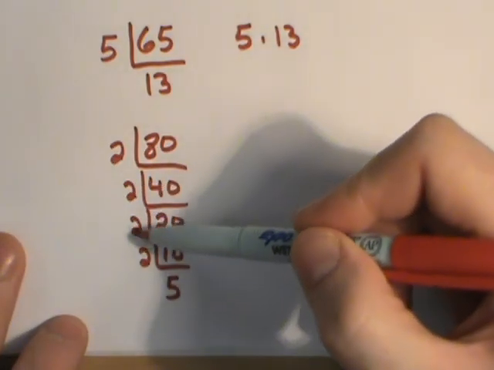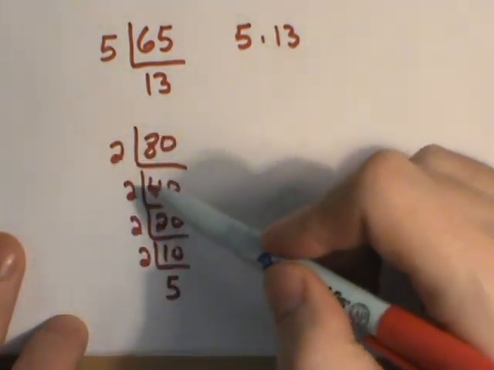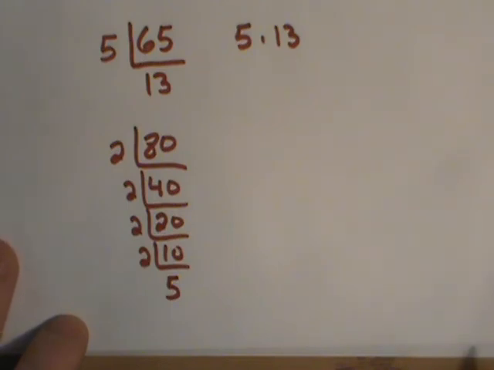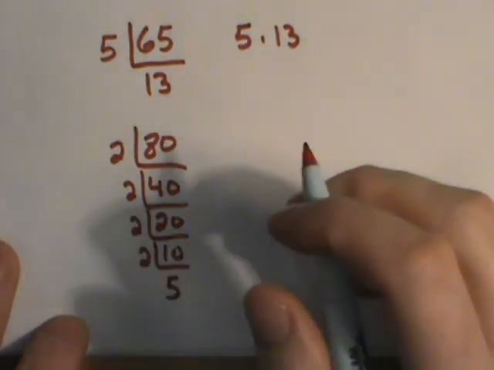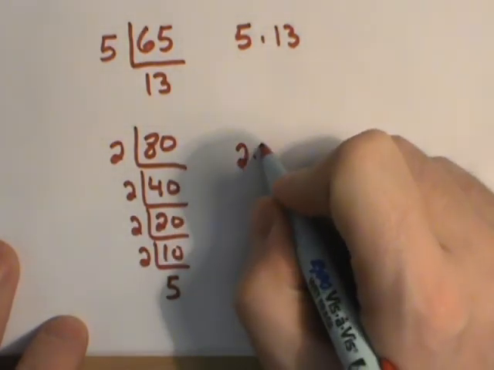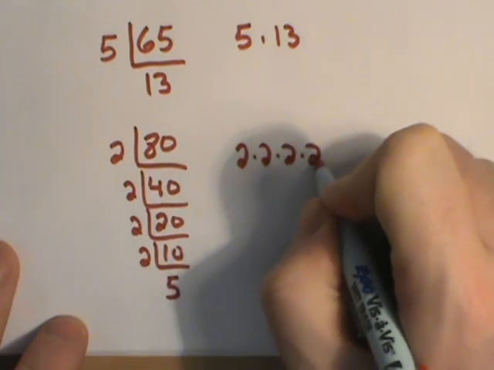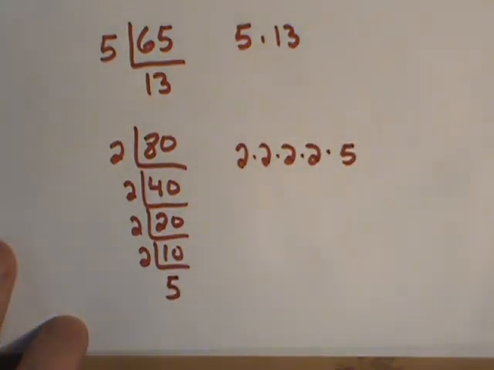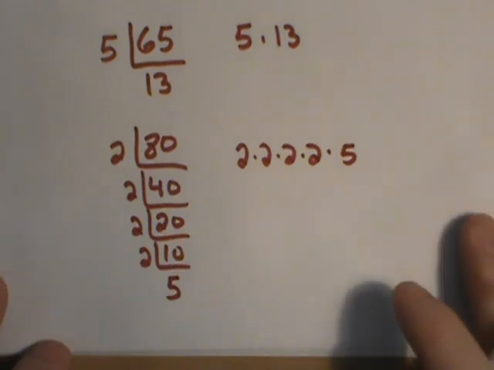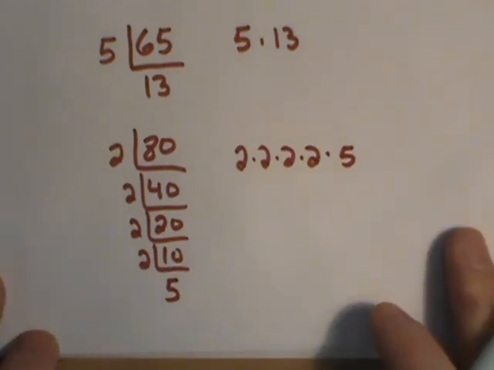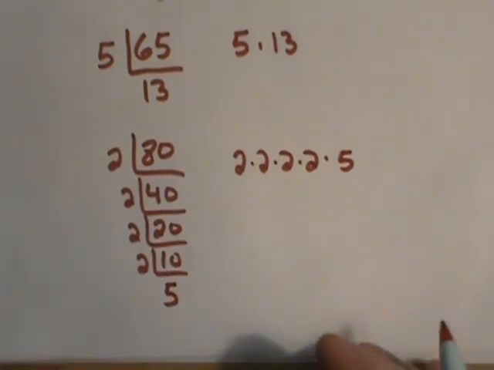All the numbers on the outside of these upside down division boxes are your prime factors. So once again, if I were to list this out, it would be 2 times 2 times 2 times 2 times 5. With a little practice, prime factorization is not difficult. We'll look at a couple of examples and then we're going to move into something called greatest common factor.